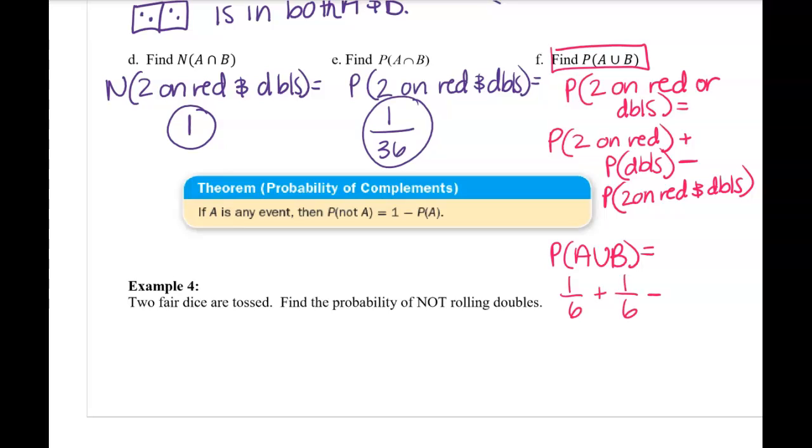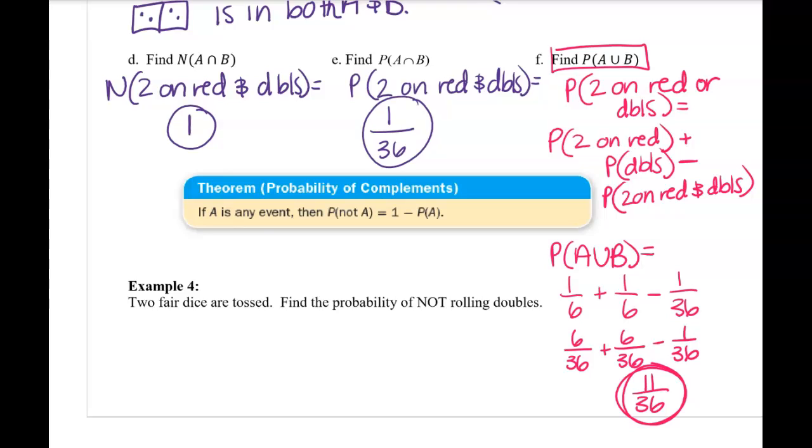Subtract out our overlap, which was done over 36, and now we'll put them back in terms of 36s. This is 6 over 36 plus 6 over 36 minus 1 over 36. So the probability of A or B, a 2 on red or doubles, 6 plus 6 is 12, minus 1 is 11. So our probability is 11 over 36.